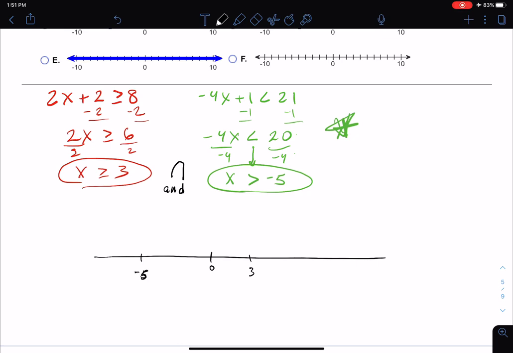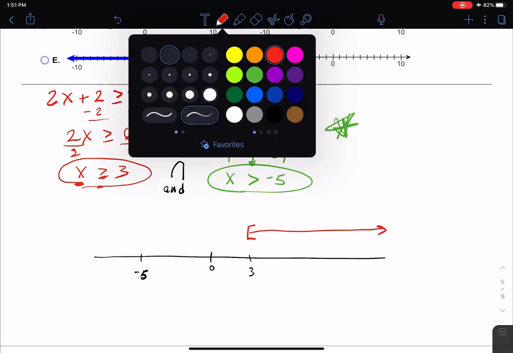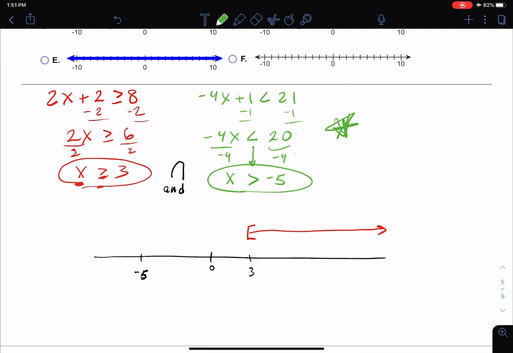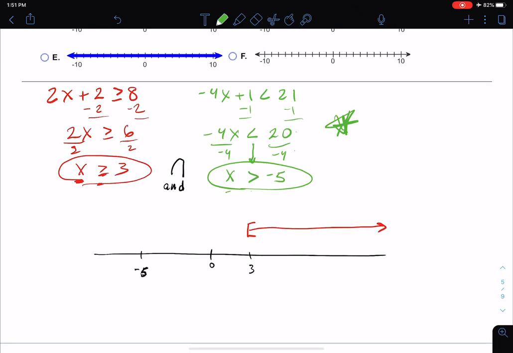Okay, let's do the first in red. Red says, shade the x values that are greater than or equal to 3. Greater than 3 is to the right. It said equal also to 3, so we must include it with the bracket. Let's look at the green inequality, and it says shade the x values that are greater than negative 5.